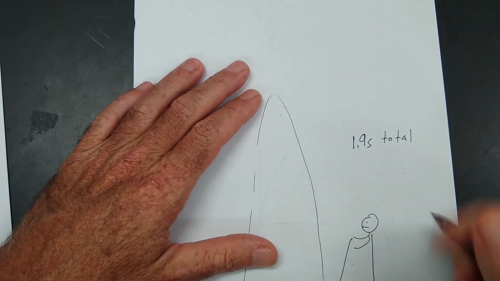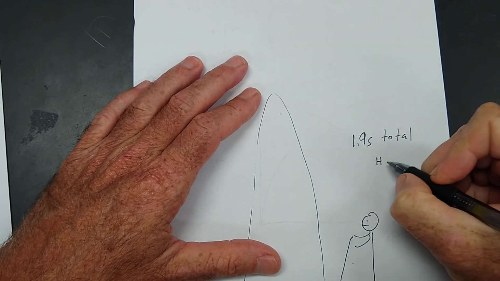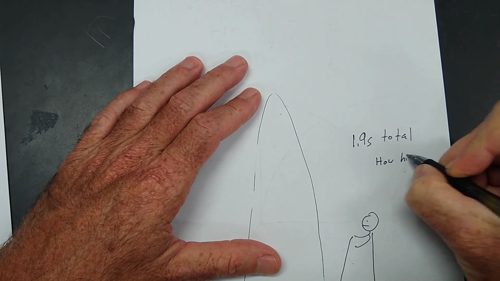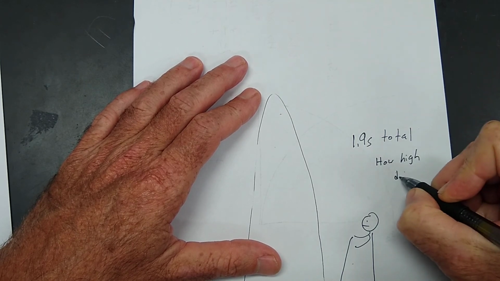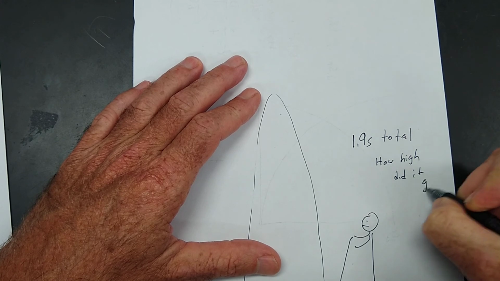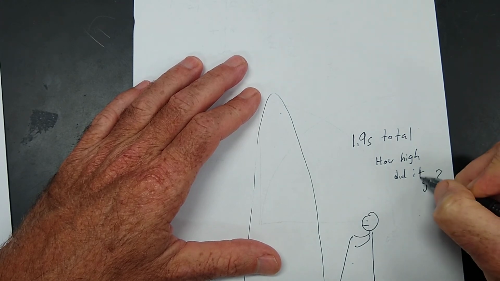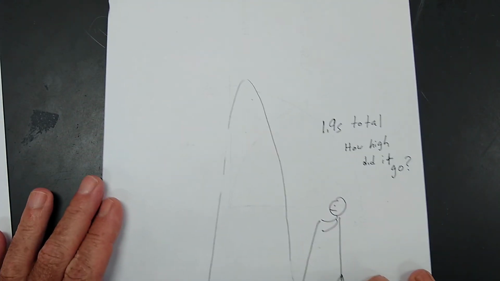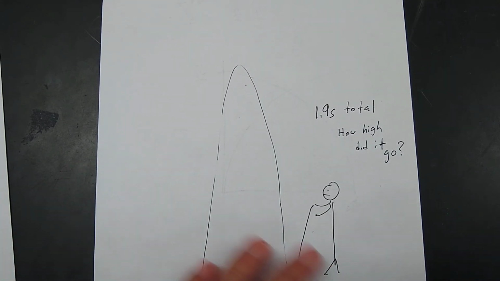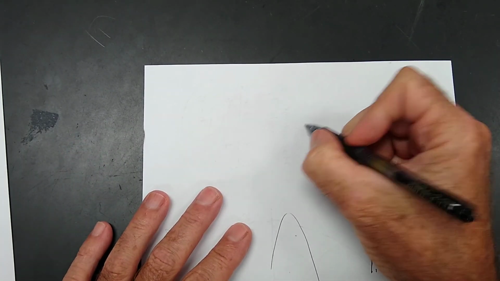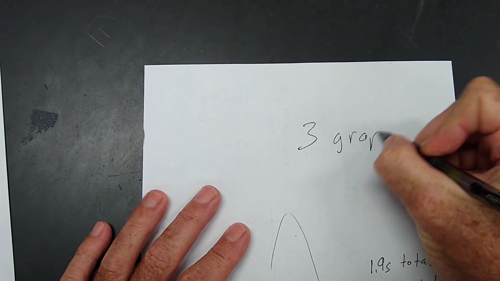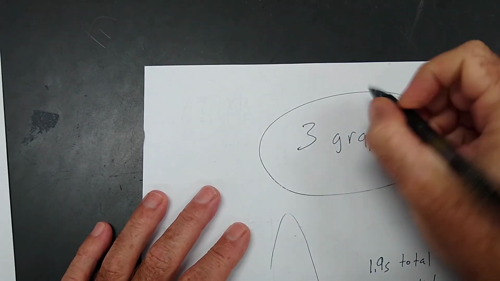All right? How high did it go? That's my question to you, and that's what I want you to submit. The best way to do it is to draw 3 graphs. Good luck.